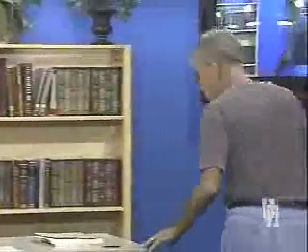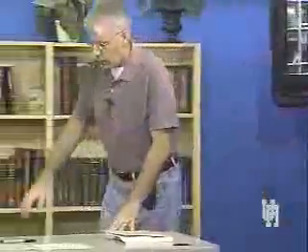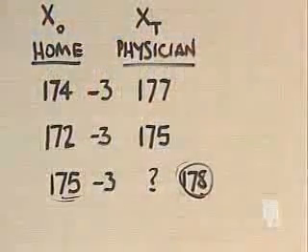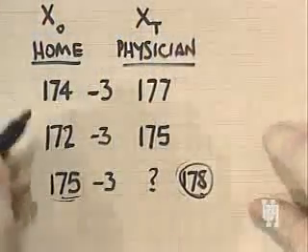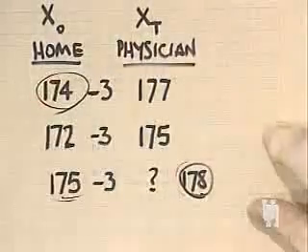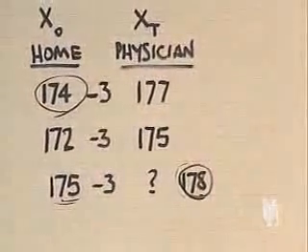Let's then talk about random error. Let's go back to our example at the physician's office. You get on your scales at home. Your scales read 174 pounds.